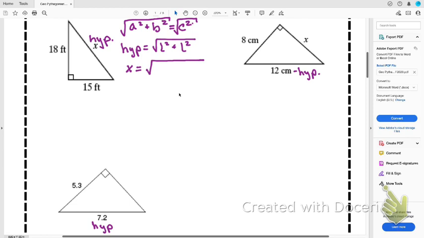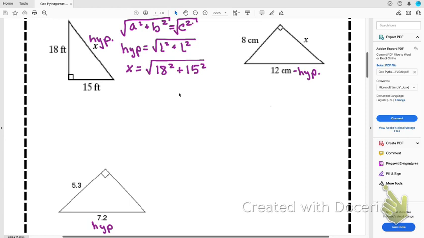Okay, so my two legs are 18 and 15. So 18 squared plus 15 squared. So this is where knowing your squares and cubes will really, really help you save a lot of time, yes? Okay, don't get it out. Okay, what is 18 squared? 324.